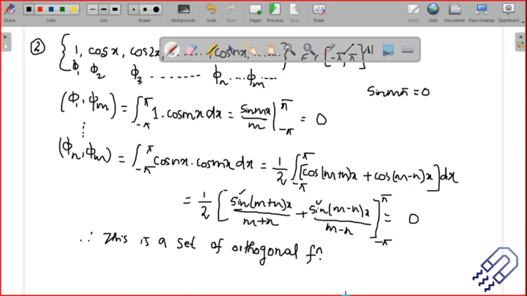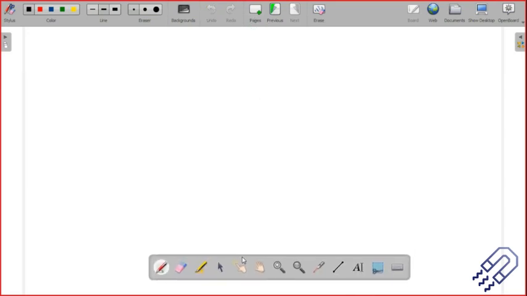Before we proceed to check the orthonormality of the functions, I'll give you a homework you can try. Let's say 1, sine x, sine 2x, sine nx, and so on.